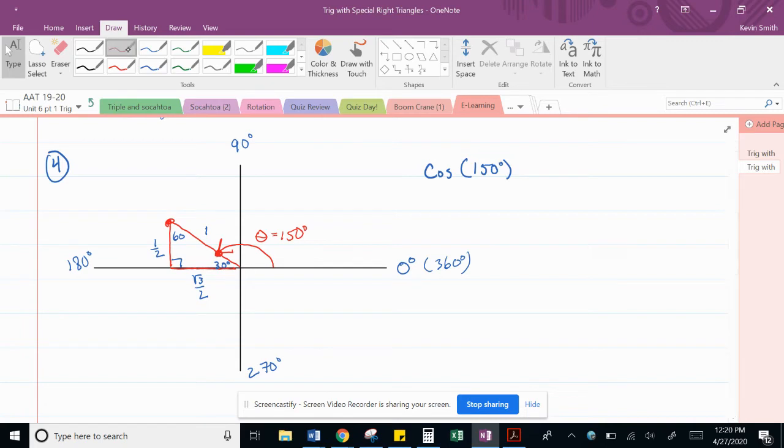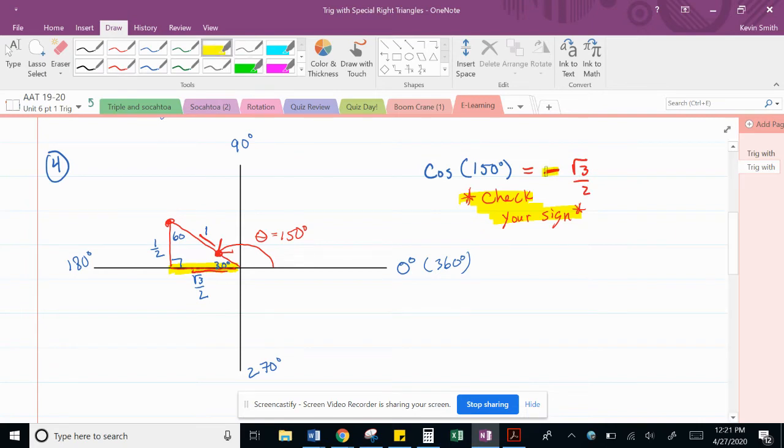But the first thing you always need to check is your signs. So is the cosine positive or negative in quadrant 2? Well, we're using the negative x, so it should be a negative number. When we do this, we'll take the cosine of 150, adjacent over hypotenuse, root 3 over 2.